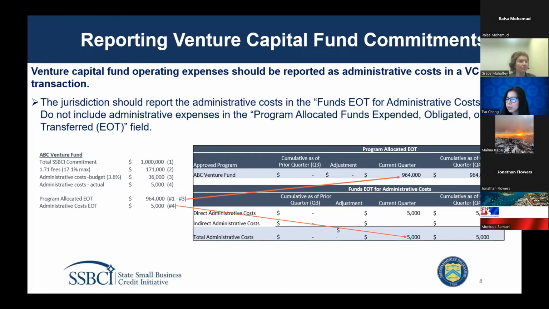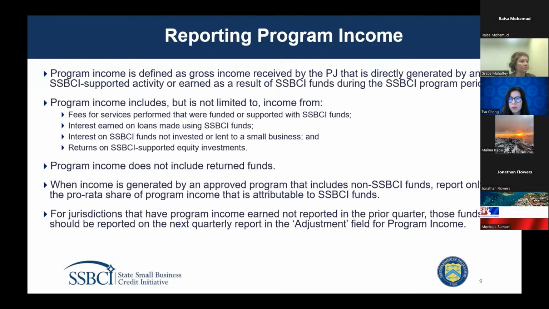Okay, we'll move on to the next slide on reporting program income. Program income received by the jurisdiction that is directly generated by SSBCI supported activity or earned as a result of SSBCI funds during the program period should be reported in the quarterly report. Likewise, interest earned on SSBCI funds not invested or lent to small businesses counts as program income and should also be reported in the quarterly report.